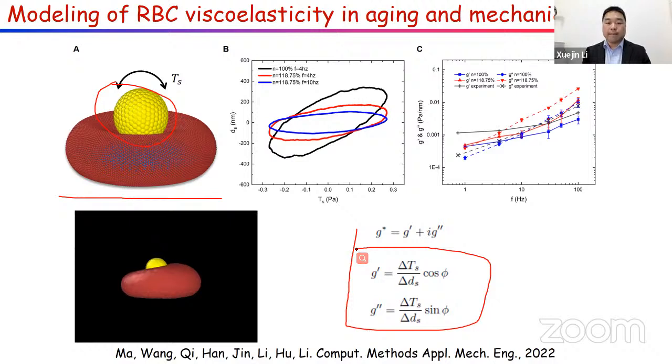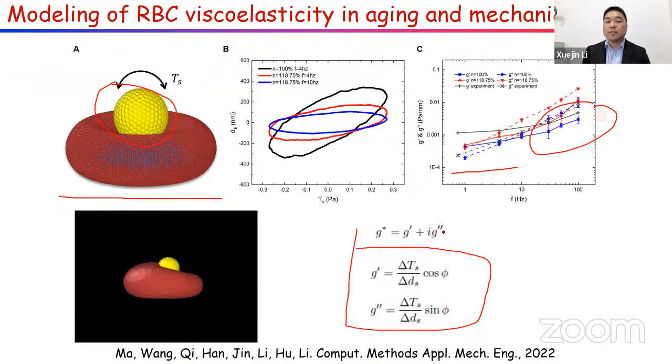We find that the storage modulus shows a flat plateau at low frequency. This shows that the cell membrane is nearly elastic in this region. But the older red blood cells have a higher value of storage modulus, suggesting a greater shear stiffness of the cell membrane.